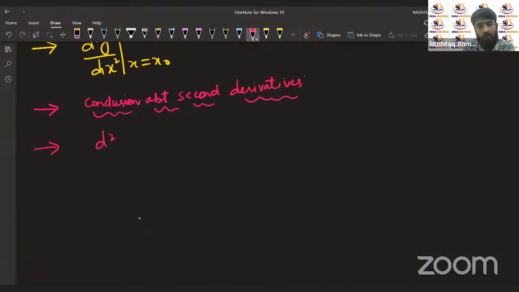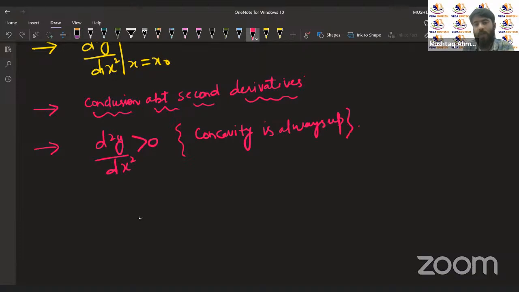If the second derivative comes out to be positive for any curve, the concavity will always be up. What do we mean by concavity being up?